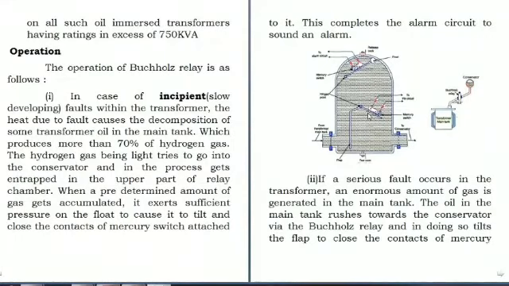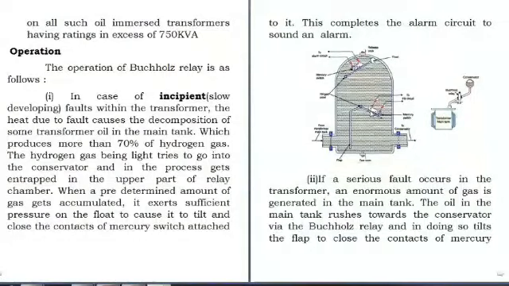There is a float. On this float, the gas makes some pressure. So it leads to tilting its position and closing the contact of the mercury switch attached to it. There is a mercury switch here.